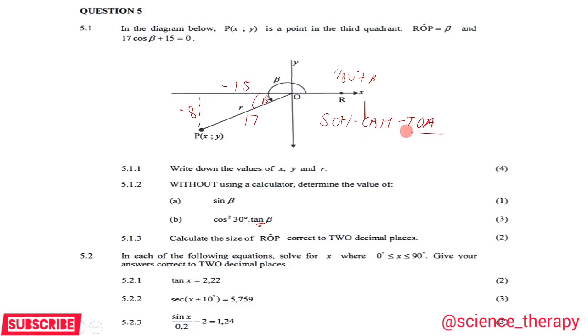So let's calculate beta using the trig ratio tan. We have tan beta is equal to opposite over adjacent. Our opposite side is negative 8 and our adjacent side is negative 15 from the diagram.